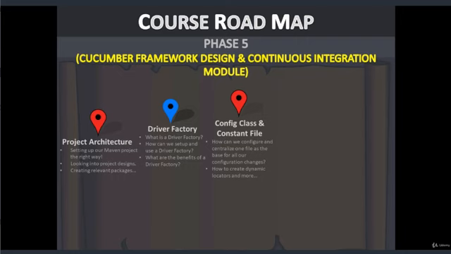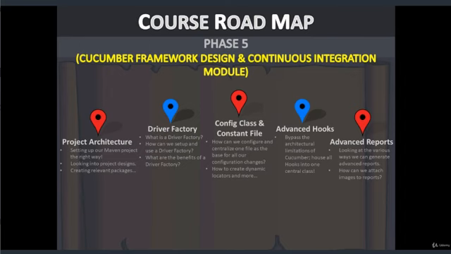So once you reach a specific module, it's going to show you step by step how you can actually create a constant file. We're going to look at how we can create advanced hooks, how we can actually house our hooks into one central class, because one of the drawbacks of Cucumber is that you can't actually inherit a class which contains hooks. So I'm going to show you a way how we can bypass that architectural limitation.